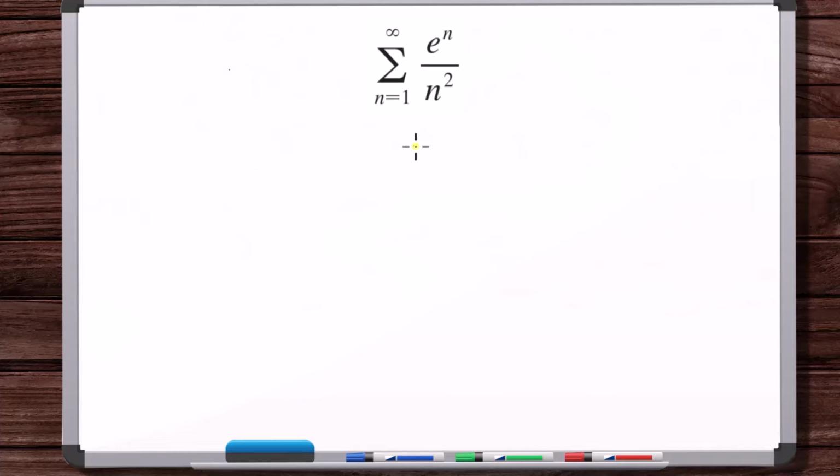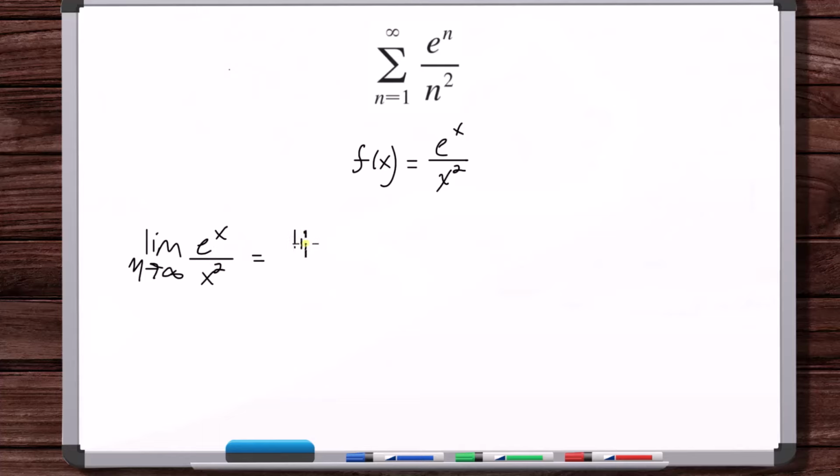Just curious, let's do a test for divergence. If we replace n with x, we get e to the x over x squared, and there are no issues there. If we take the limit as x goes to infinity of e to the x over x squared, we get infinity over infinity, so L'Hopital's rule.